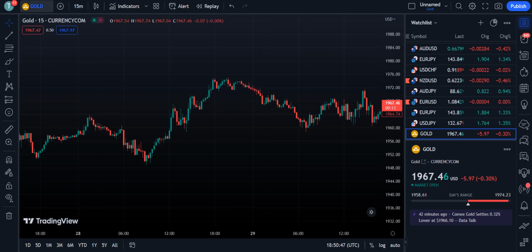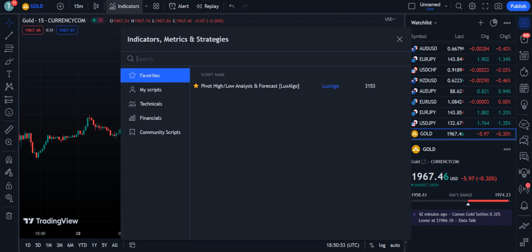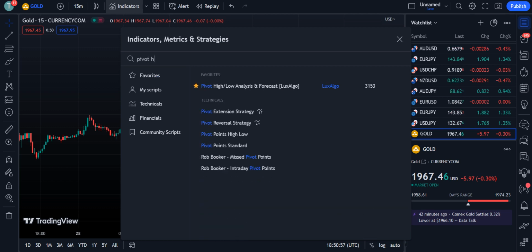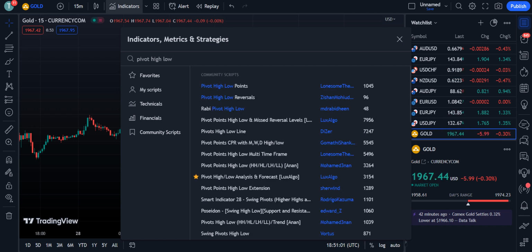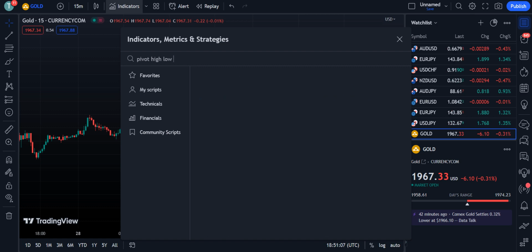Here I have chosen gold chart with 15 minutes time frame. The indicator that I'm going to use for this strategy is the Pivot High Low Analysis and Forecast.